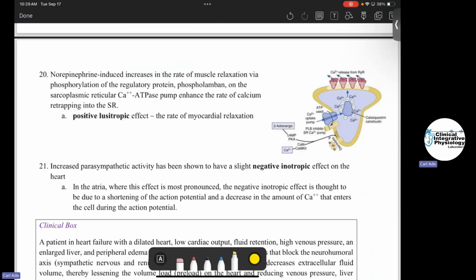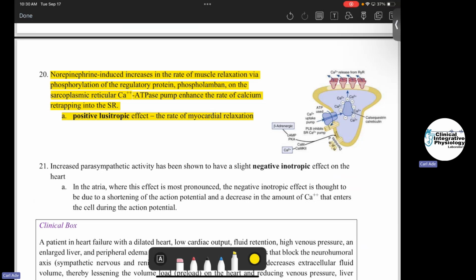Now, if we're releasing more calcium, it means we've got to get it back out between beats. And that's where we have the concept of a positive lusitropic effect. Norepinephrine increases the rate of muscle relaxation, going back to the phospholamban I mentioned.